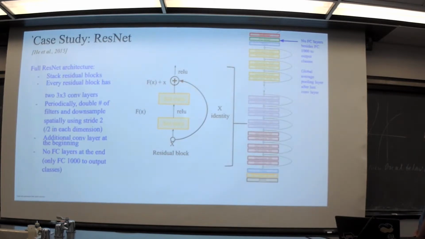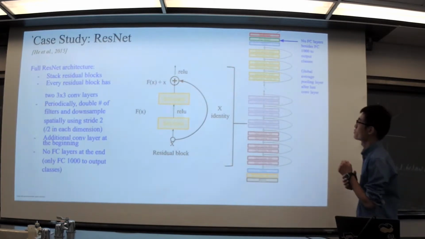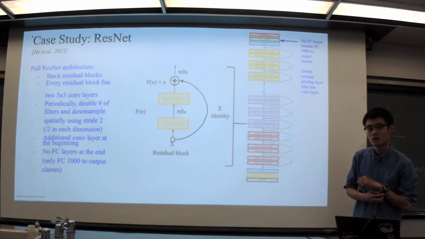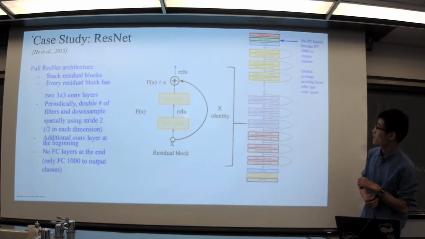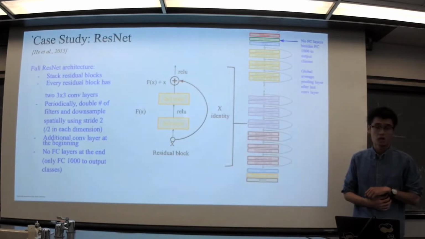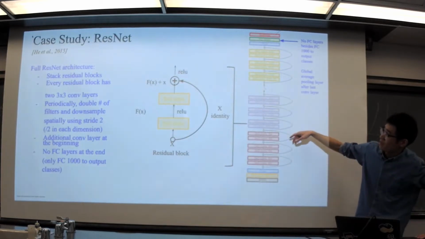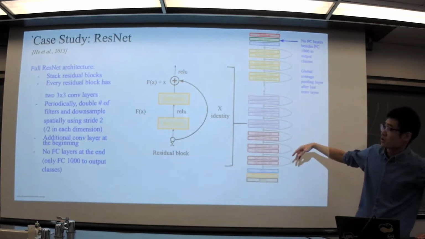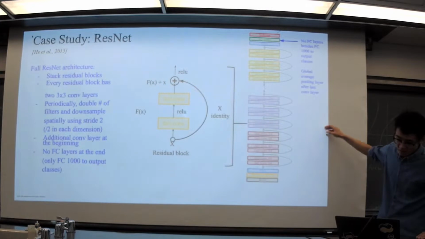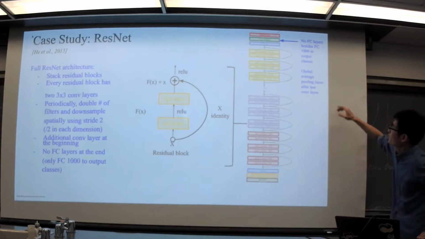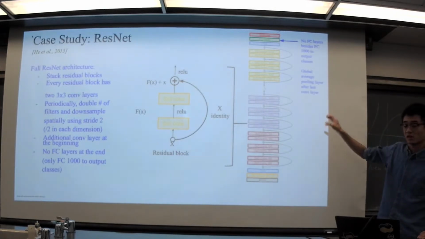If you remember, when we had VGG16, we had two FC layers, right? For example, if we use VGG16 for ImageNet, we should have an FC 1024 and an FC 1000 for the different classes.